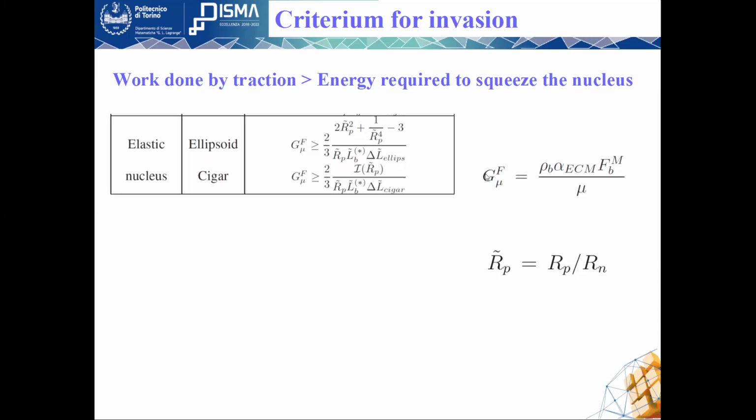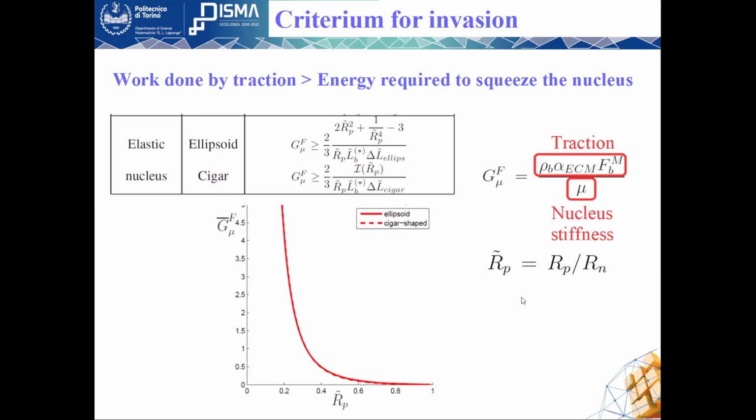This combination has to do with traction forces: the density of bonds on the cell, the density of extracellular matrix, the magnitude of the force, and something that has to do with the nucleus stiffness. Large enough compared to what? To a function of how big the pore is with respect to how big the nucleus is. So at the end, what you have is a graph like this.